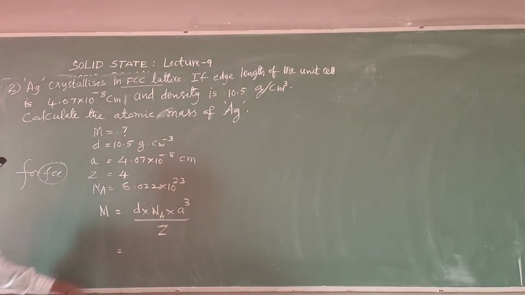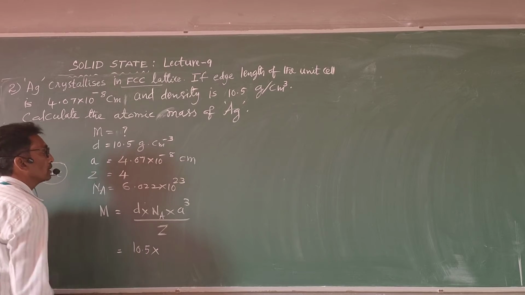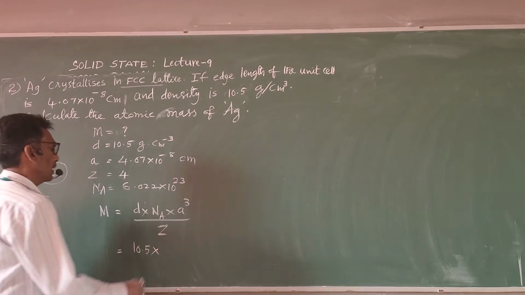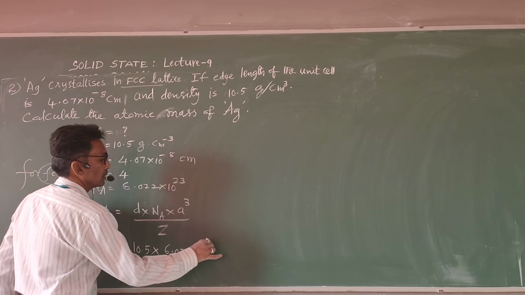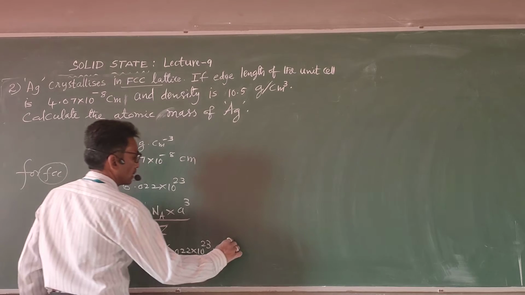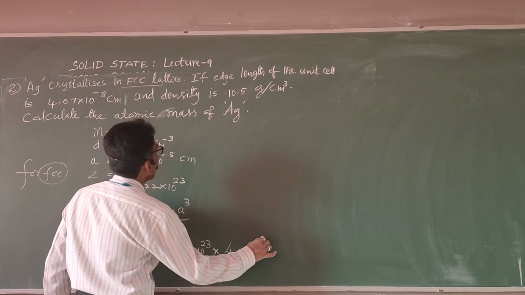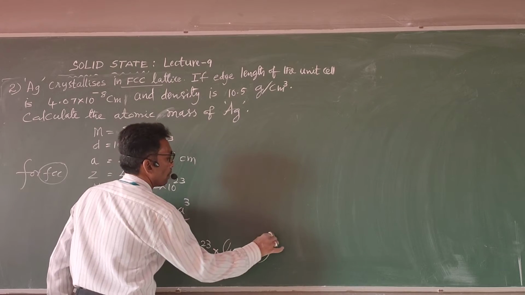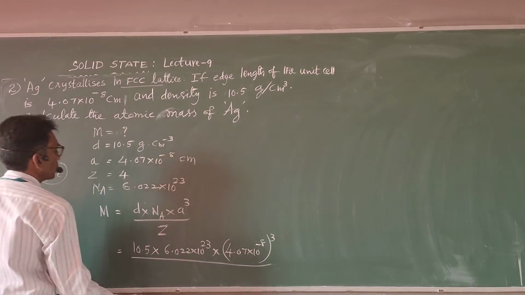Substitution, simplification. Density 10.5 into Na 6.022 into 10 raised 23 into a, and edge length 4.07 into 10 to the power minus 8 whole cube over number of particles Z 4.